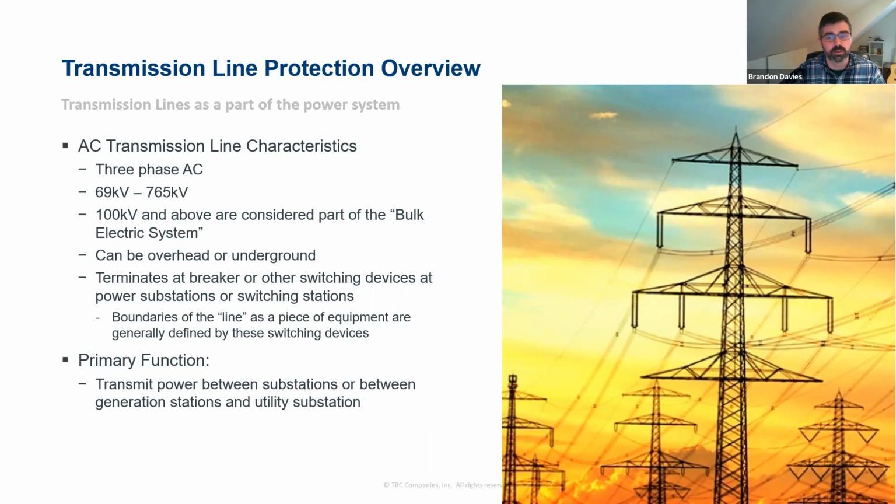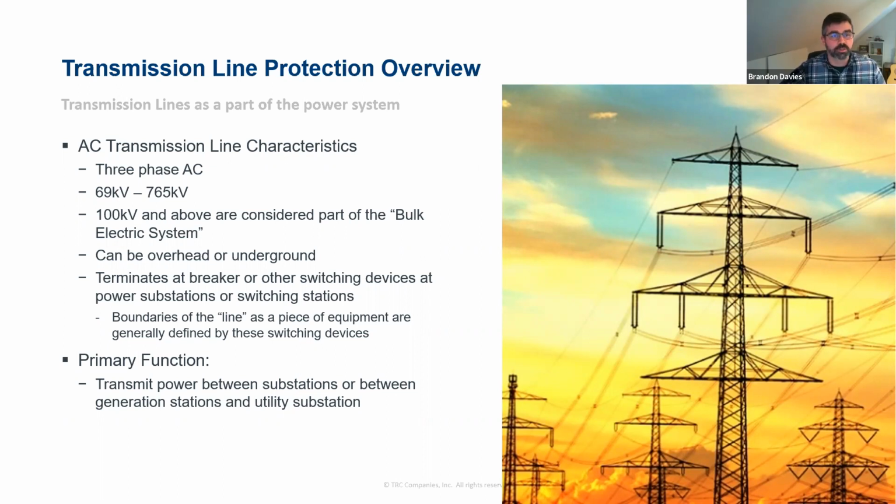It gets very expensive to transmit the same amount of power underground compared to overhead. So generally we're talking about overhead lines, though a lot of the similar protection schemes and considerations can be applied to underground or cable type transmission.